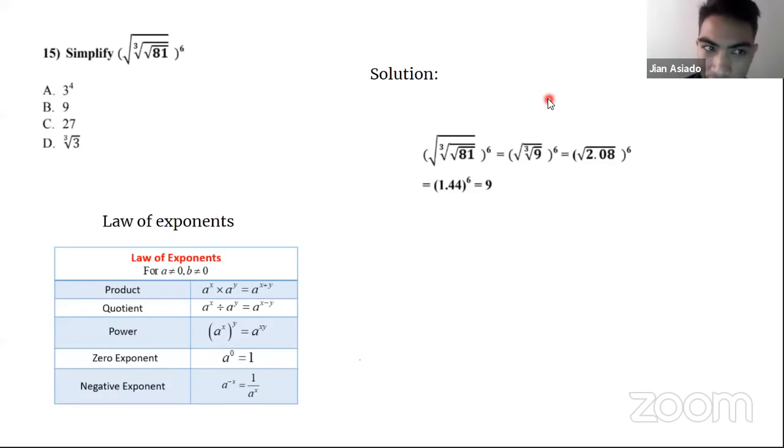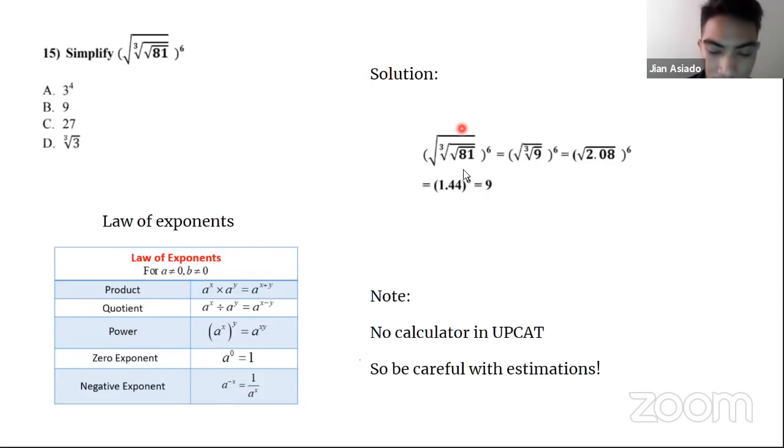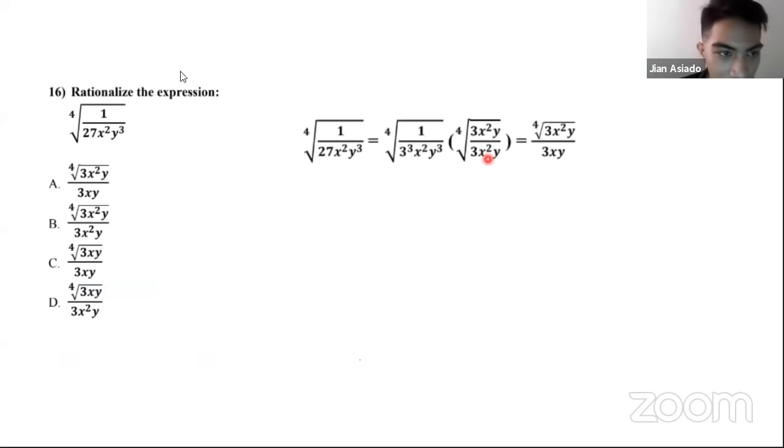So, itong question na to is just to test kung gaano mo ka-master yung law of exponents because it's really used a lot. Ayan. So, no calculator in UPCAT. Yep, you can use estimations, no? Pwede kang mag-round out, round up, round down. But just be careful, no? Ayan.